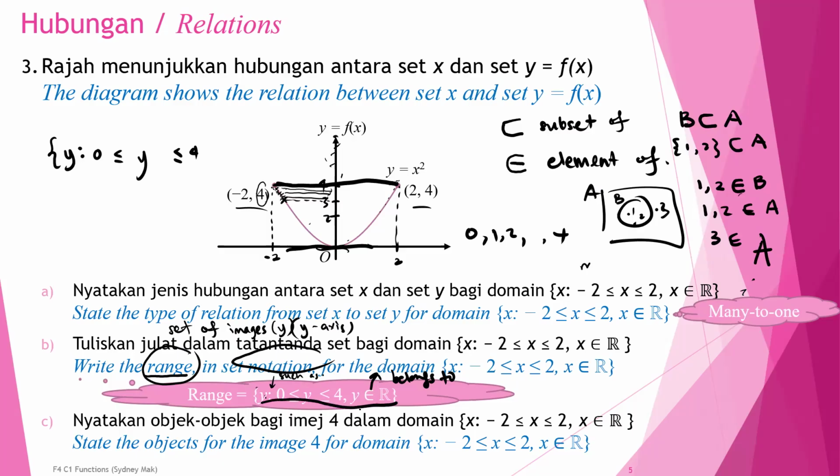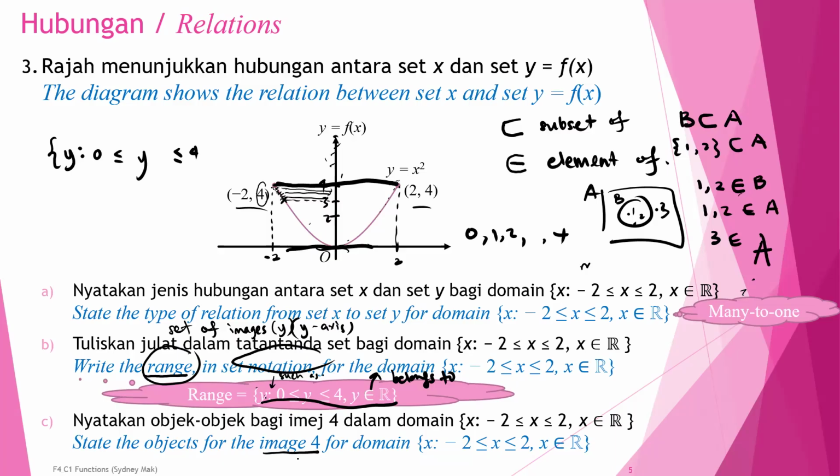Yeah. Okay? Now the last part. State the object for the image for this domain. So what is the object of image 4? What are the objects when your image is 4?